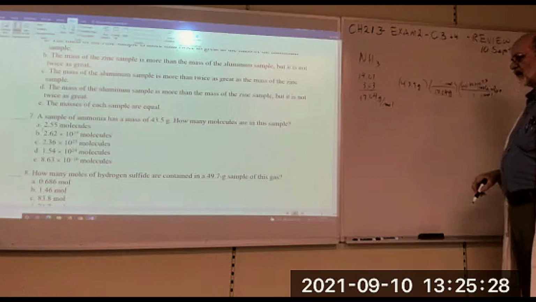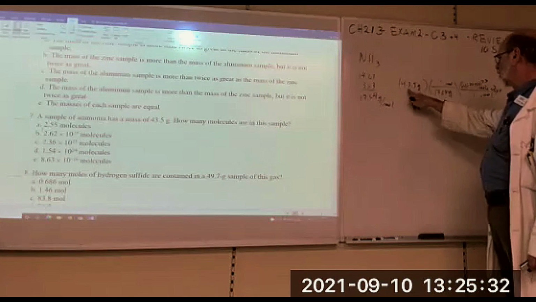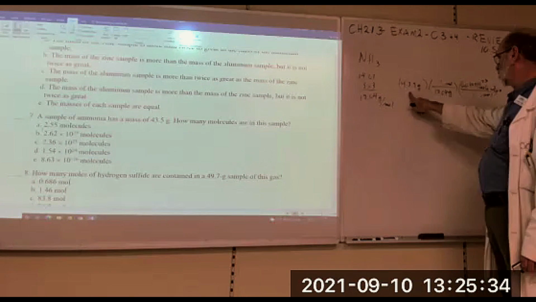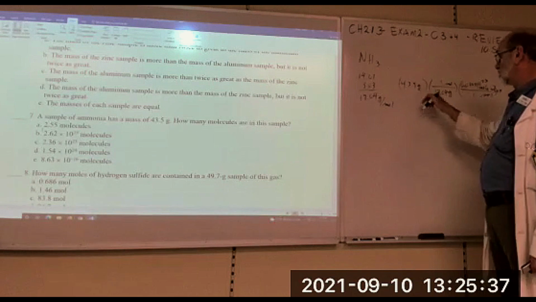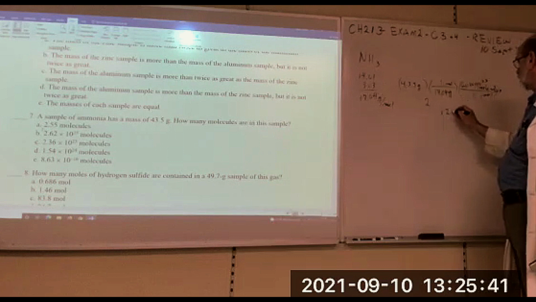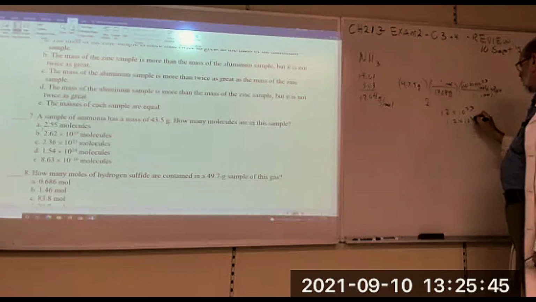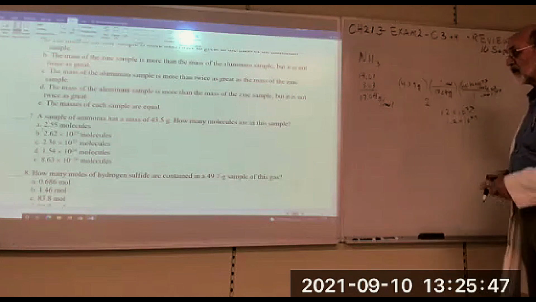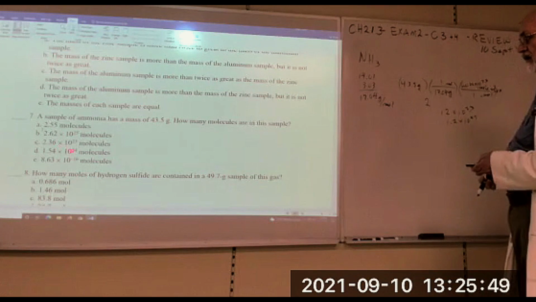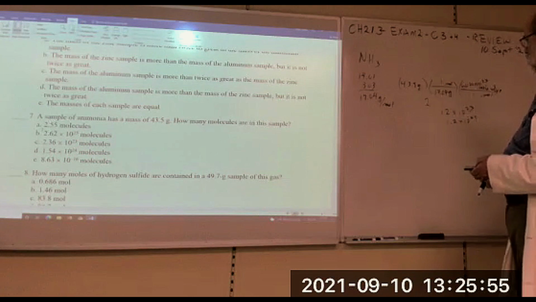Let's see if we can estimate this and get close to the answer. 17 into 43 is about 2, isn't it? And 2 times this would be 12 times 10 to the 23rd, which would be 1.2 times 10 to the 22. Is there one really close to that? No, there's not one in there like that at all.